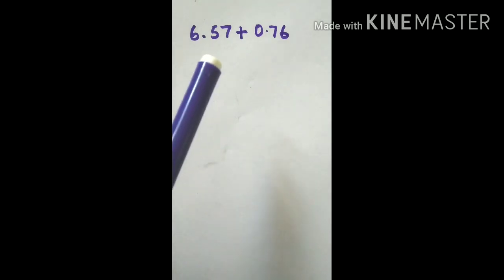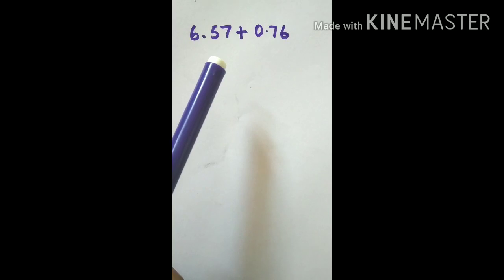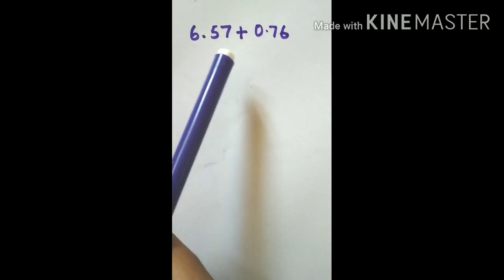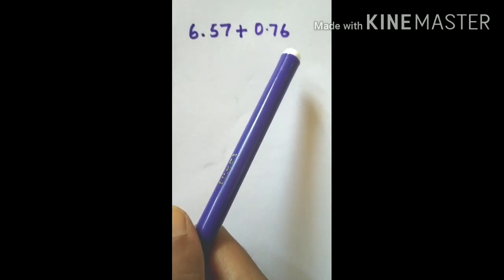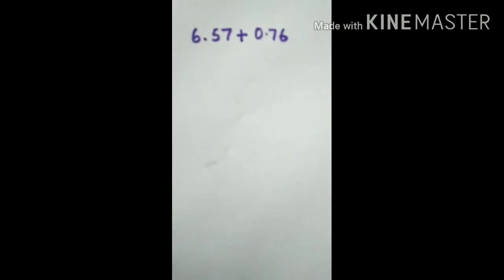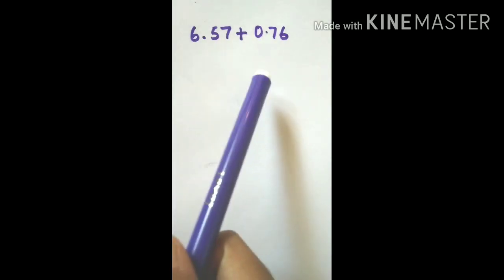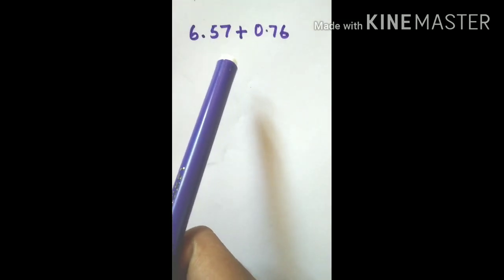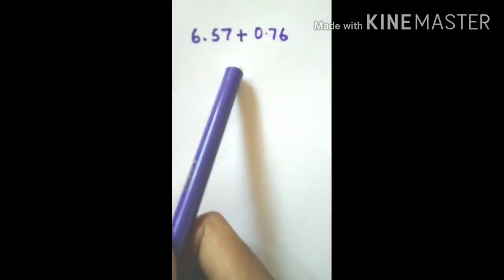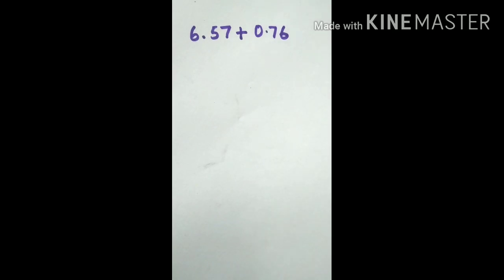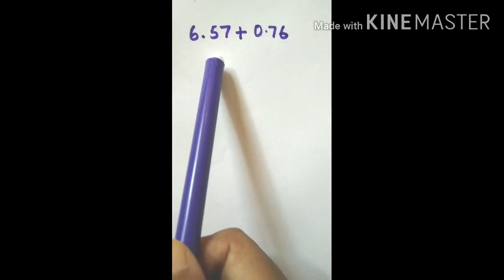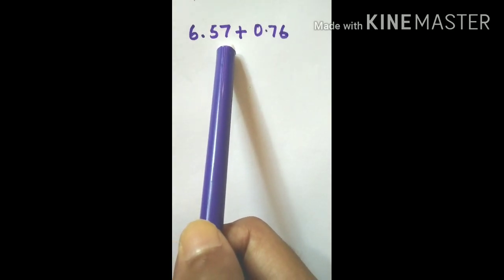Now students, look at this question. In this question, we are asked to add 6.57 and 0.76. Now students, before adding the decimals, we will first check whether the decimals are like decimals or not. Students, the decimal 6.57 has 2 decimal places.